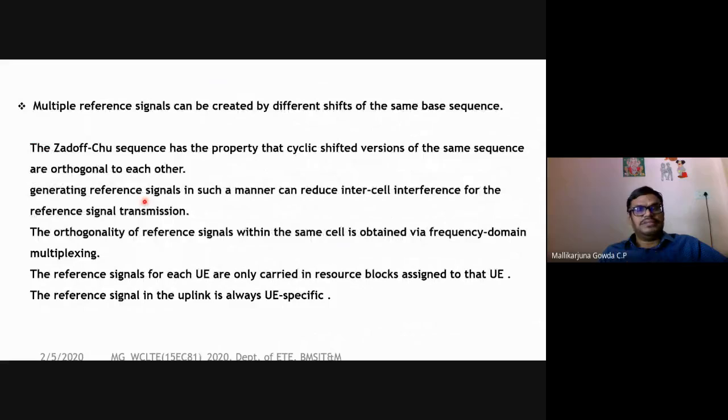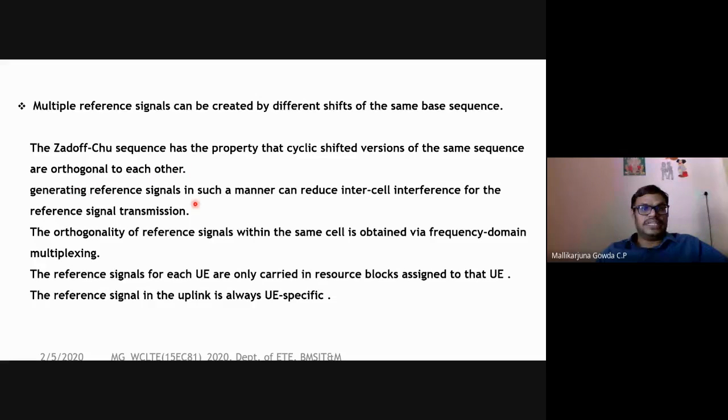We can generate multiple reference signals by different shifts of the same base sequence. What is the base sequence I'm using? The cyclic shifted Zadoff-Chu sequence. The Zadoff-Chu sequence has the property that cyclic shifted versions of the same sequence are orthogonal to each other.